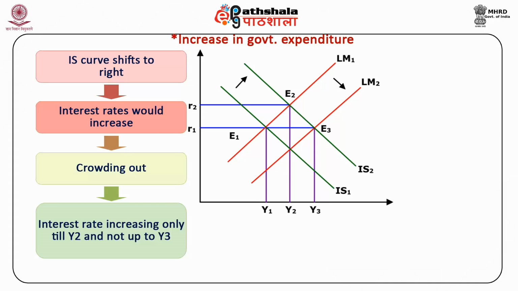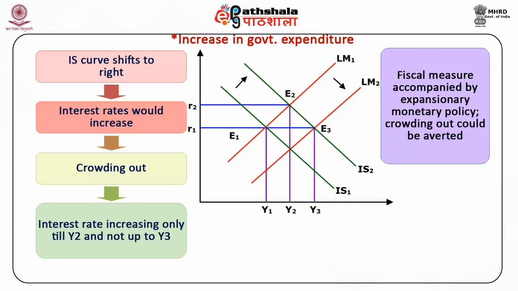However, if this fiscal measure is accompanied by expansionary monetary policy, crowding out could be averted. In this case, increase in money supply shifts the LM curve rightward from LM1 to LM2, and the new equilibrium is E3, where LM2 and IS2 intersect each other.